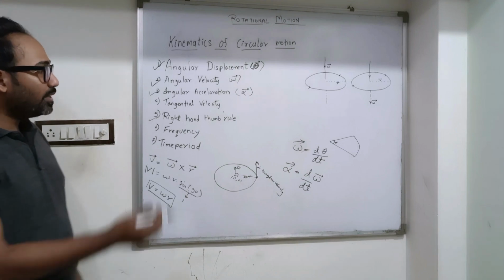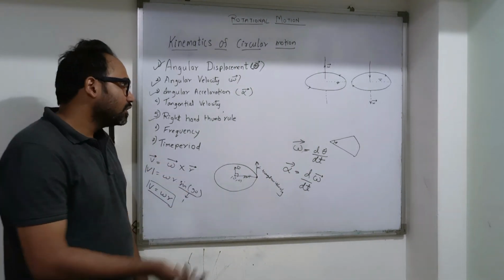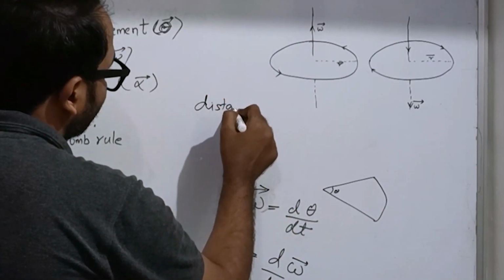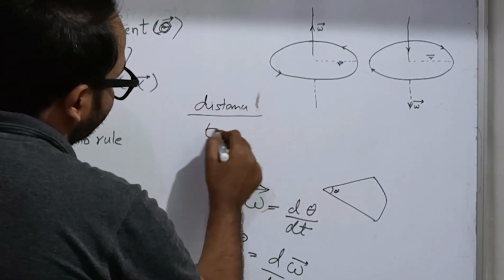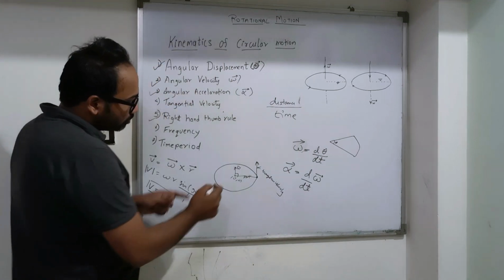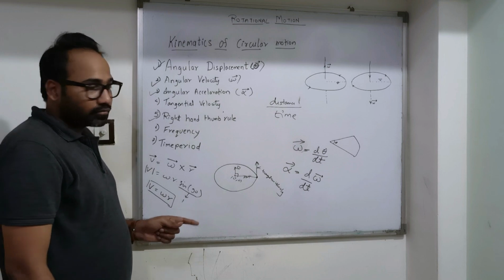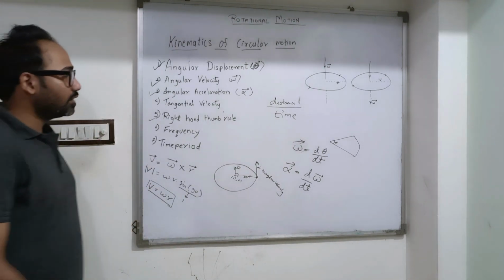So here we come up with the first formula. We know the basic formula of how we calculate speed: speed is nothing but distance upon time. So what would be the distance of this circle?